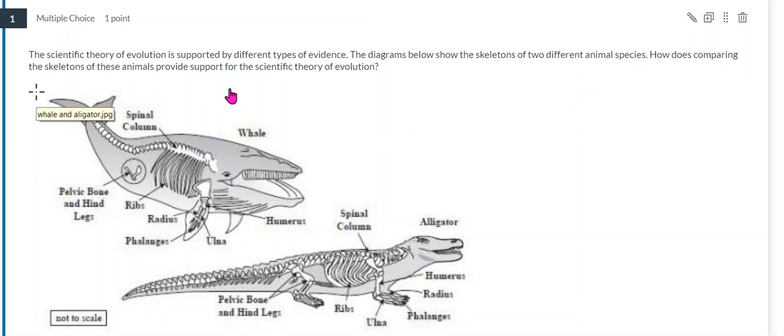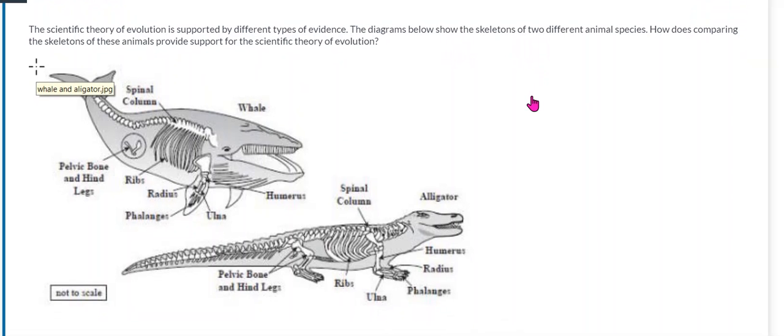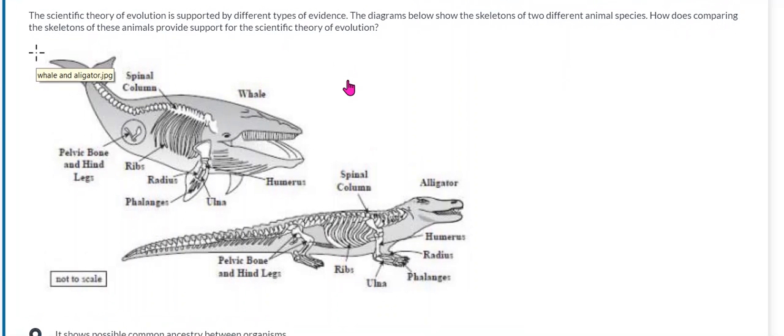is the scientific theory of evolution is supported by different types of evidence. The diagram below shows the skeletons of two different animal species. How does comparing the skeletons of these animals provide support for the scientific theory of evolution? So what you see here are two animals.